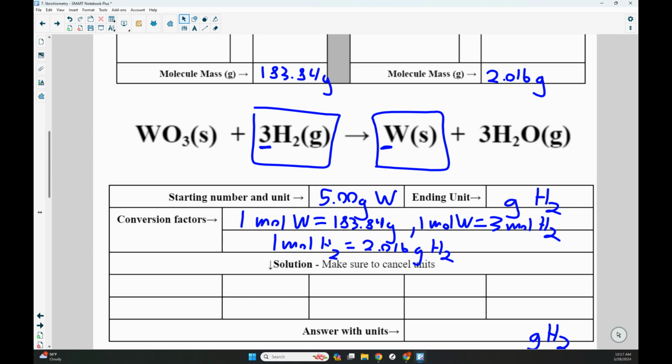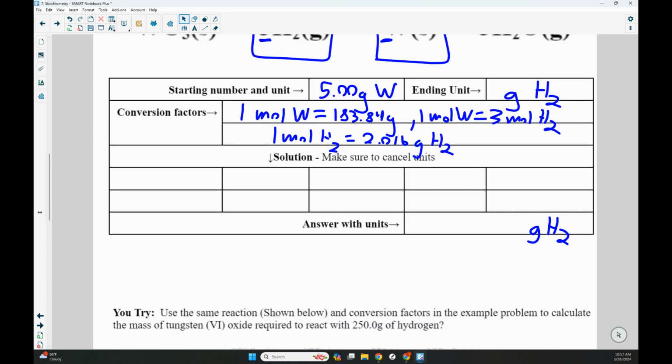All right, now we can plug everything in. And I actually recommend just putting your units in at the start and not worrying about the numbers. And you can use your roadmap to do that. So we've been given grams of tungsten, and so we're going to have to convert from grams of tungsten into moles of tungsten. That's our first step. And that will enable us to cancel out grams of tungsten.